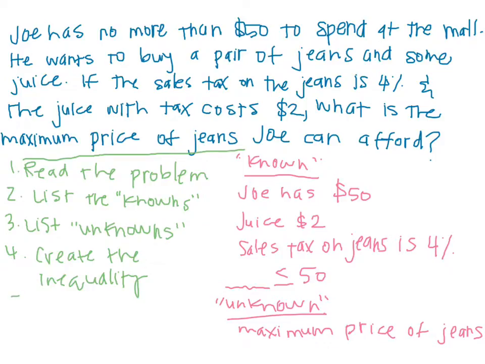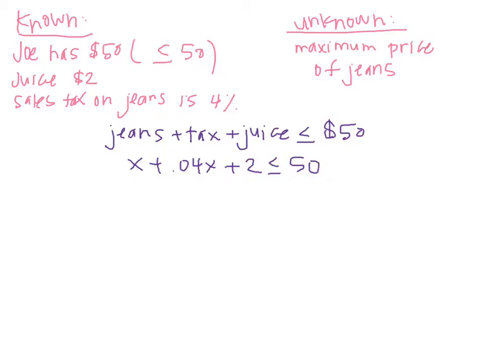Step number 5 is to solve it. I'm going to solve this by first distributing, which in this case we actually don't have anything to distribute. So let's go on and combine like terms. Now remember, x plus 0.04x is like 1x plus 0.04x.